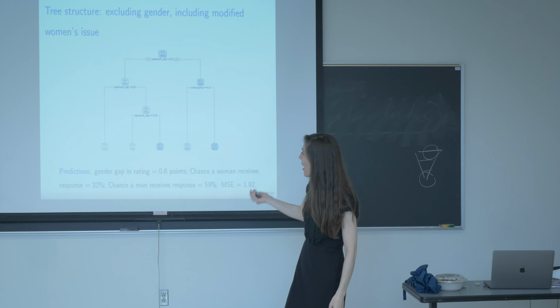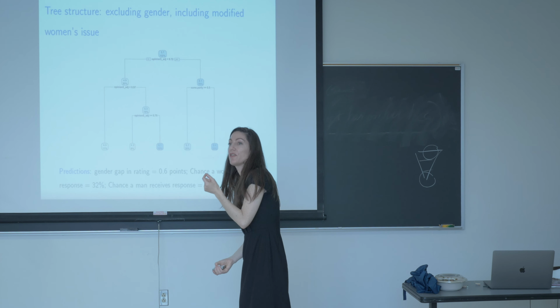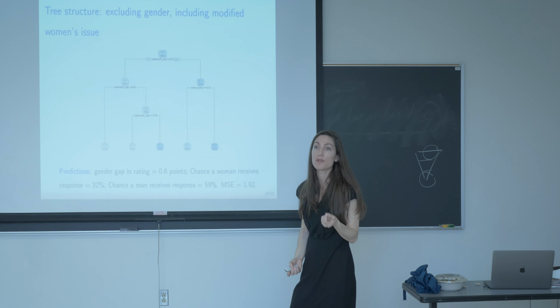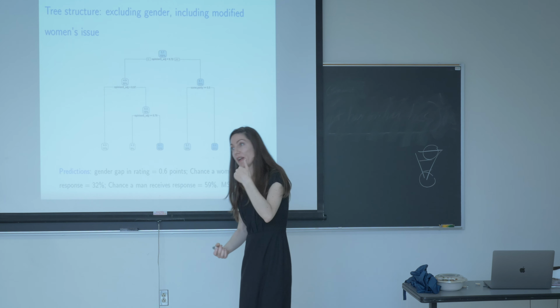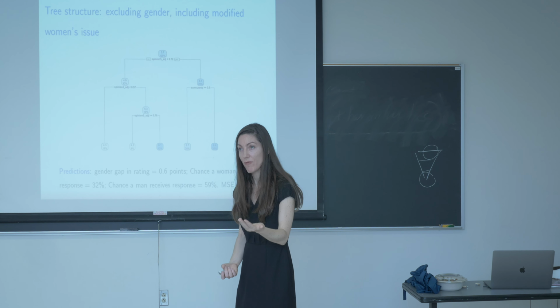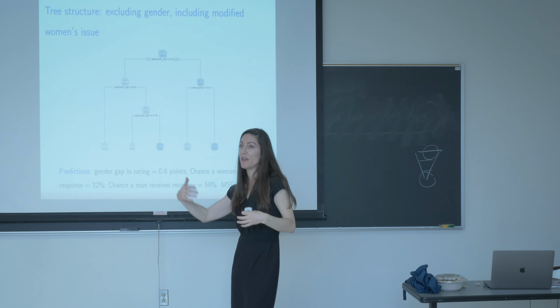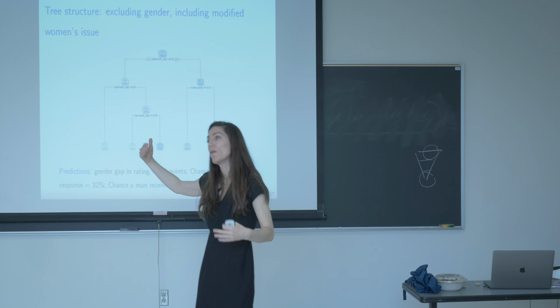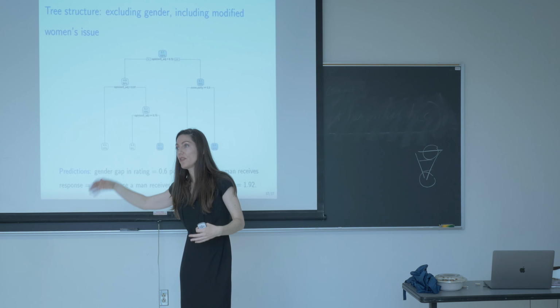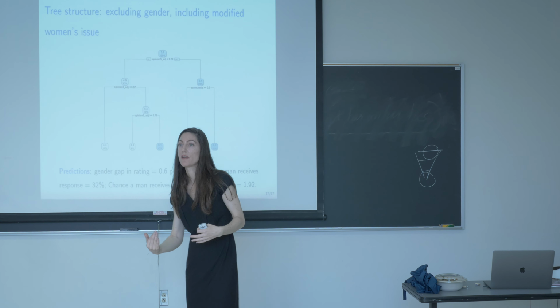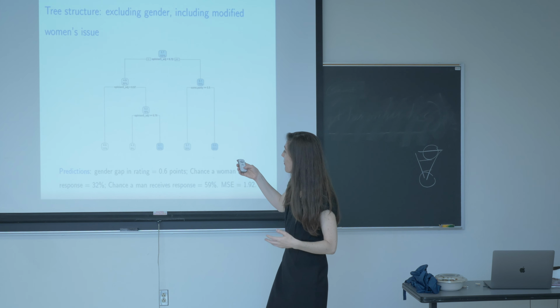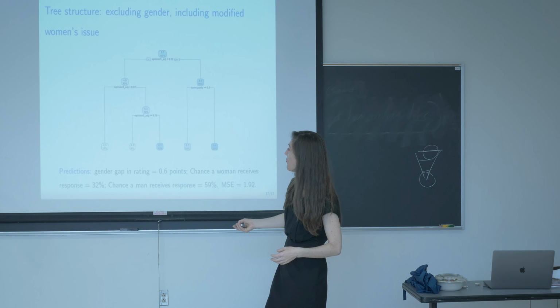So after you eliminate the correlation, the positions on the issue are still used. That makes sense because when I generated the synthetic ratings, I did so such that positions on the issue mattered beyond gender. So men with a favorable position on the women's issue were also receiving lower ratings. That information is still used in estimating the tree.